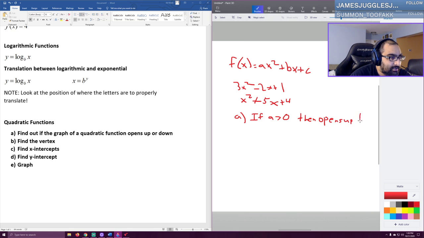The graph will look like a letter U. It's a parabola of some type, but that's the generic shape of the graph. If a is less than 0, then it's just the opposite. Then it opens down. So there we go. It opens down just like so.